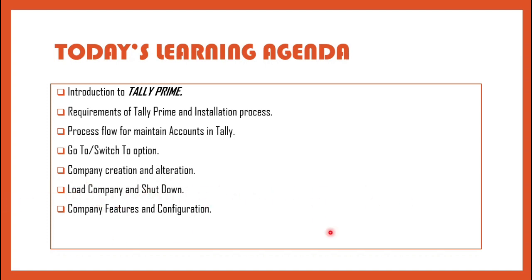You know, in Tally you have the access to maintain the books of more than one company. Okay, so sometimes you might need to shut down a company to load in another and work on it, and then how to get access to the company features and configurations.